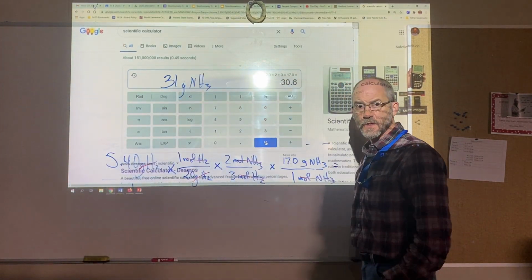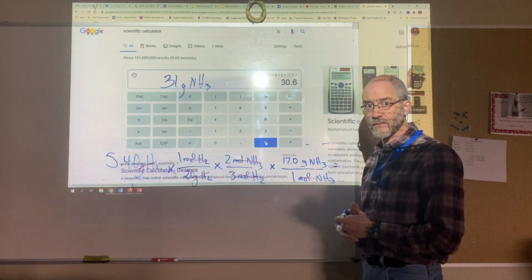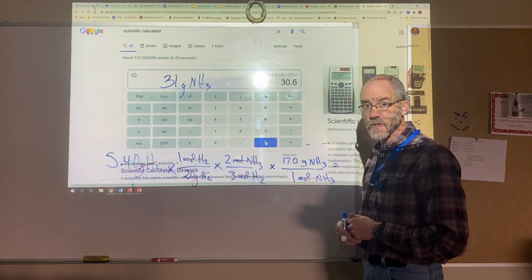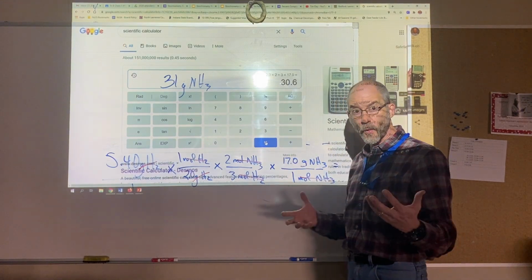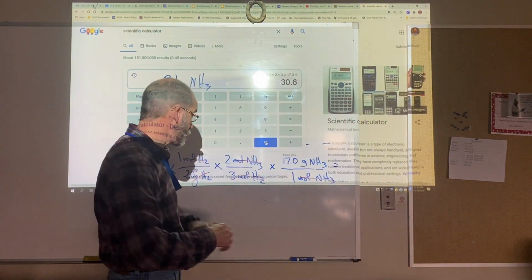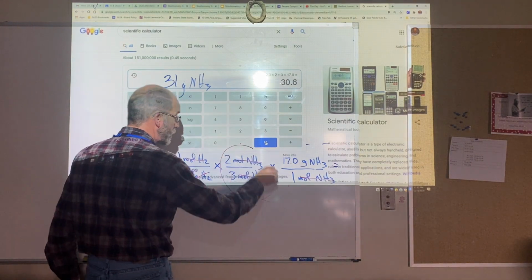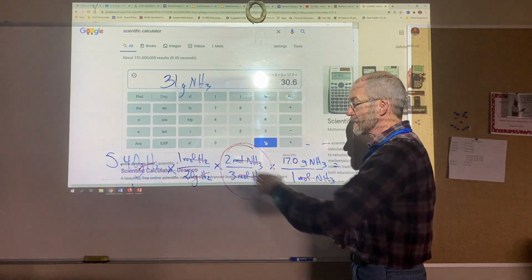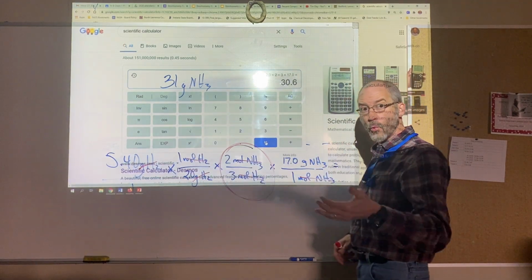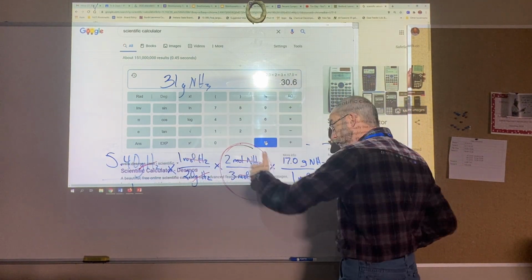Now the question is, did you accomplish stoichiometry? And the answer is you found a given quantity. Based on what? Based on information in the equation. And what did you use to your advantage? You used the molar ratio to bridge the gap between the given and the wanted. And where did you get this molar ratio?